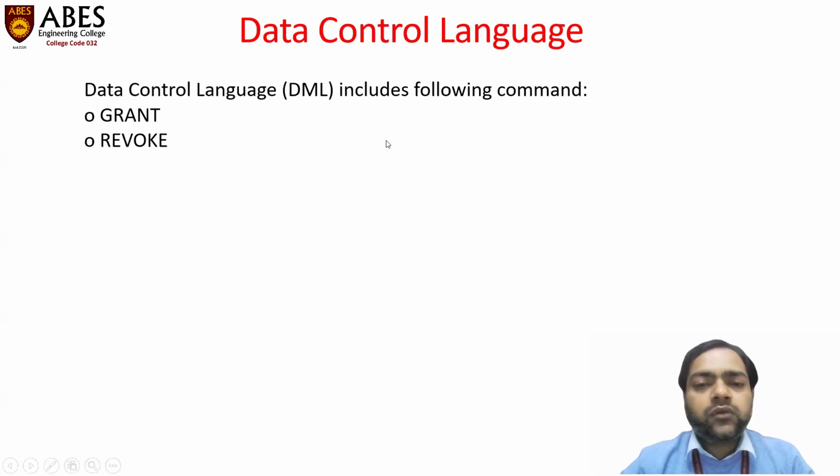And if we do not want any user to access the data in the database anymore, we can use this revoke command. And using this revoke command, any particular user cannot access the data anymore, right? So these are the two commands that will be used in data control language.